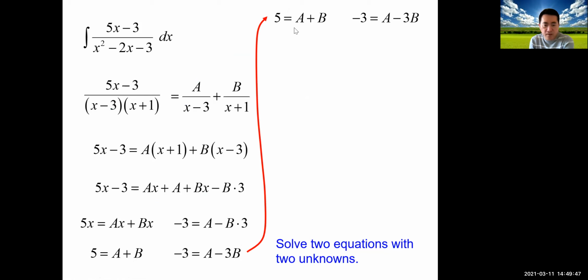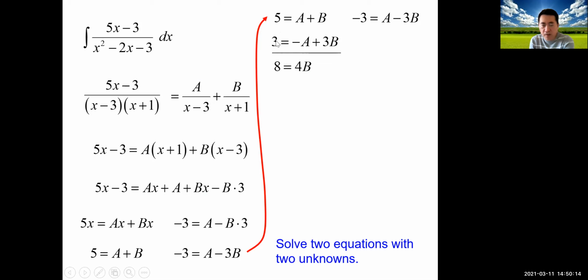I think it's not too hard though. You see 5 equals a plus b, right? If I want to eliminate, let's say, the constant a, all I do is multiply the second equation by negative 1. That would change the sign. And you see a, negative a. So then I'm going to add the two equations.